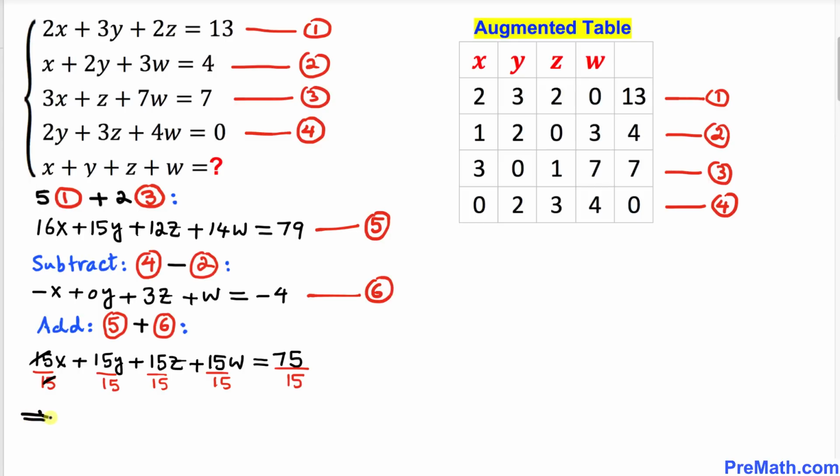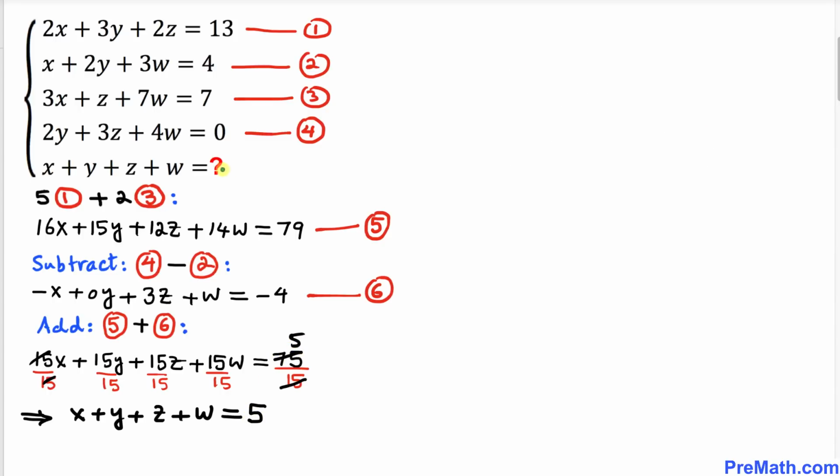So we get x plus y plus z plus w equals, here 15 goes into 75 five times, so this is equal to 5. And we found that the value of x plus y plus z plus w turns out to be equal to 5 after these multiple steps.